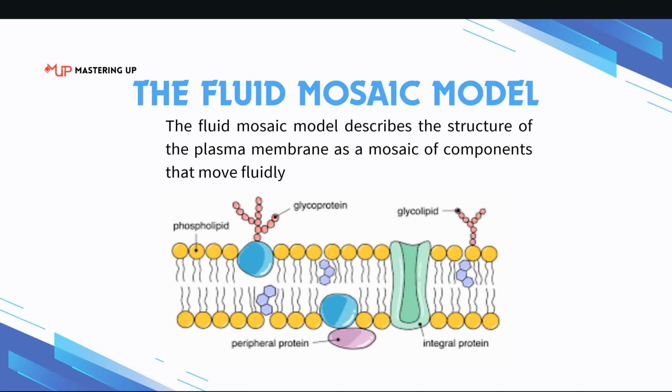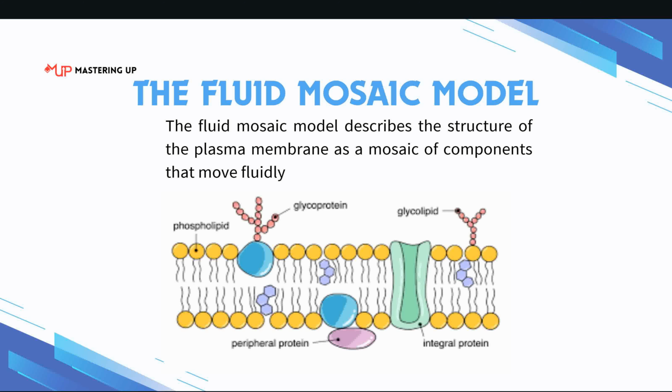Now let's see what is the fluid mosaic model. The fluid mosaic model was proposed by Singer and Nicholson in 1972, which describes the plasma membrane as a mosaic of diverse protein molecules embedded in or attached to a fluid lipid bilayer.